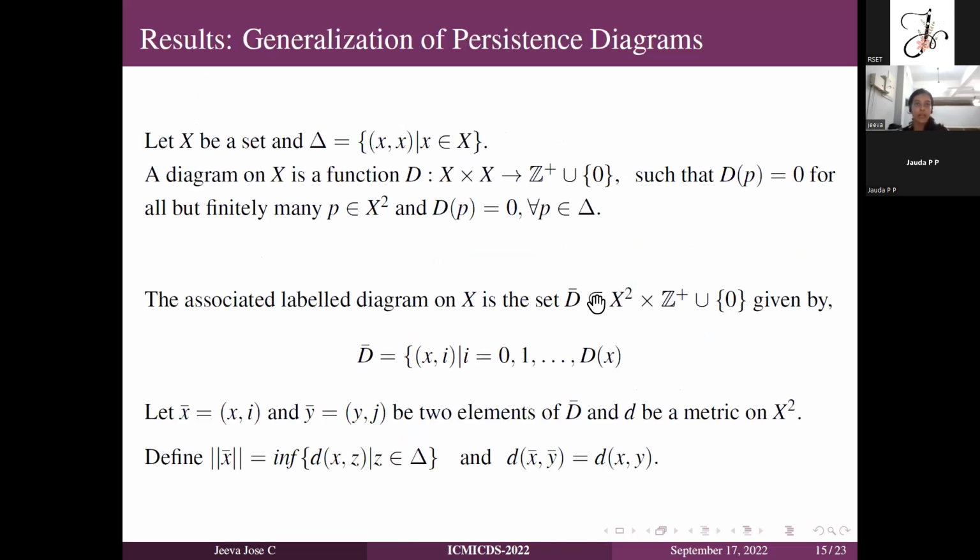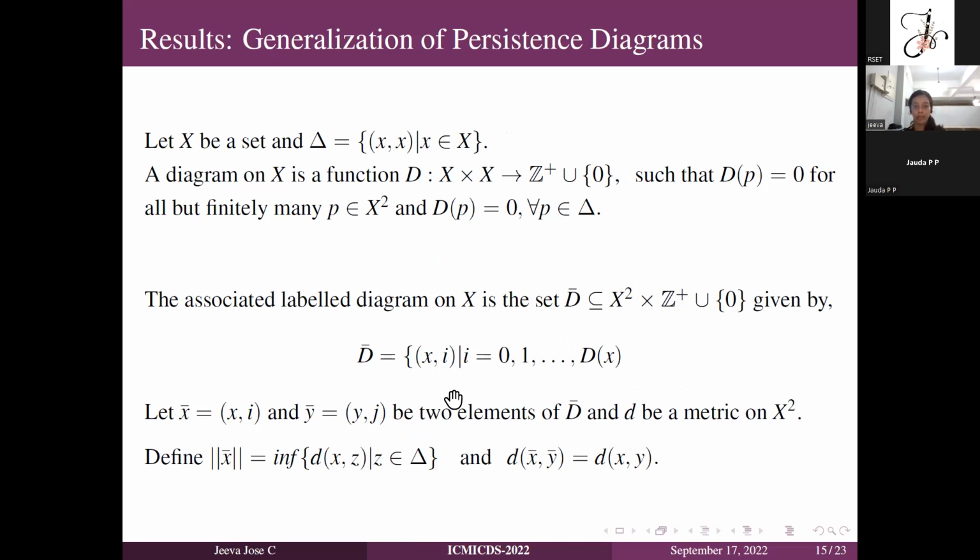Now, in our case, we define the persistent diagram in a generalized way. So here, instead of taking points from R2, we take an arbitrary set X, and we are going to define what a diagram on X is. It is defined as a function from X cross X to Z plus union Z0. And the associated label diagram is defined as a subset of X square cross Z plus union Z0.